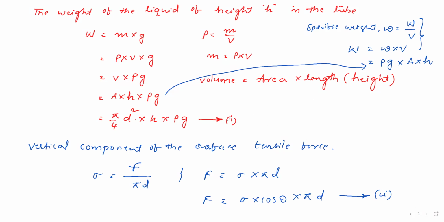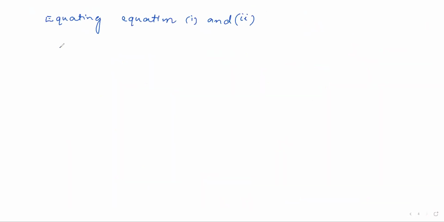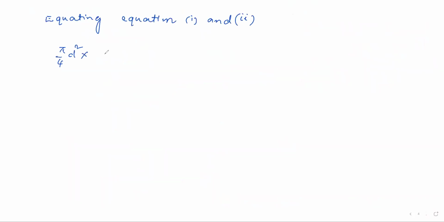For balancing, we have to equate equation 1 and 2. What is equation 1? Pi by 4 d square into h into rho g.